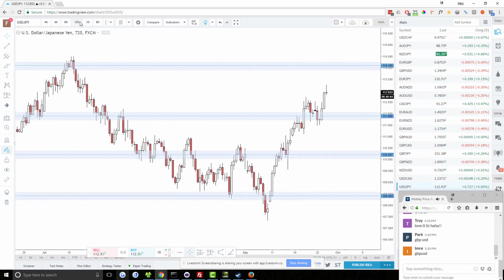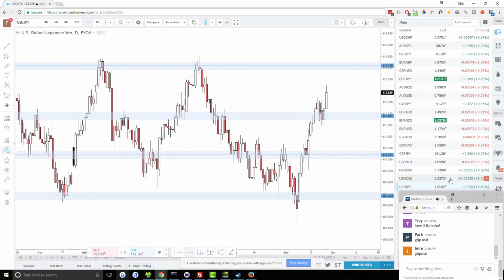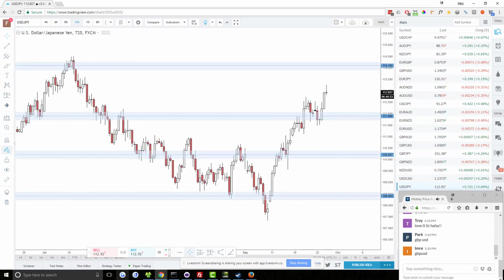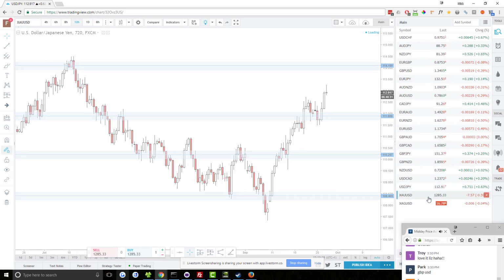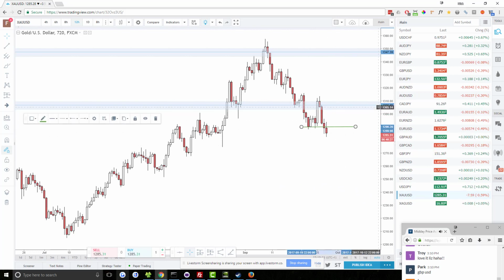USDJPY. Yeah, it's in between support and resistance, so we can't really do much with that. Finally, taking a quick look at gold. Yay! It broke down through this line.